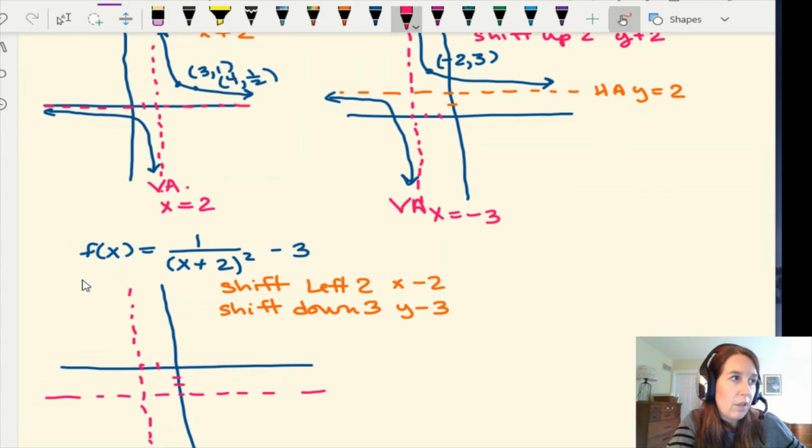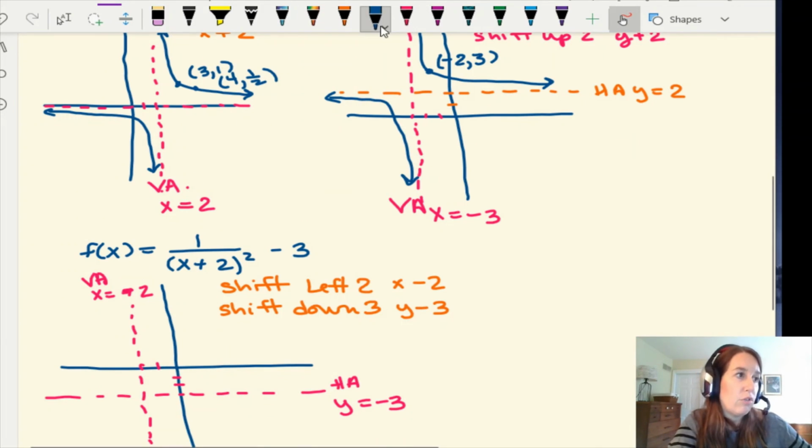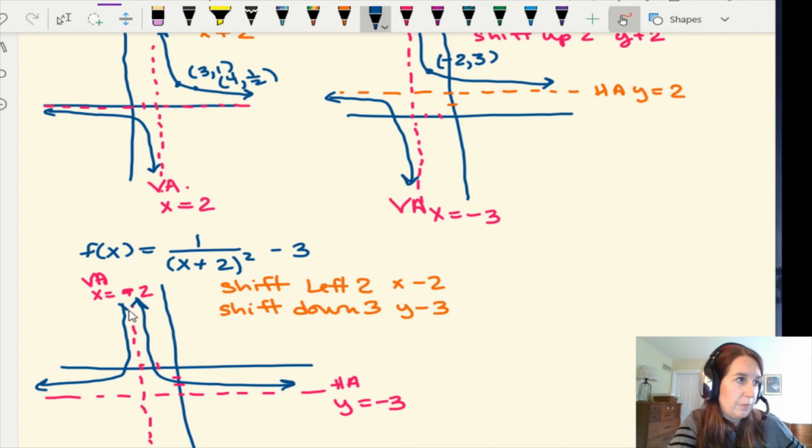So we want to note down that this vertical asymptote is now at x equals -2, and our horizontal asymptote is at y equals -3. Okay, and then we're going to draw this graph here and up here.